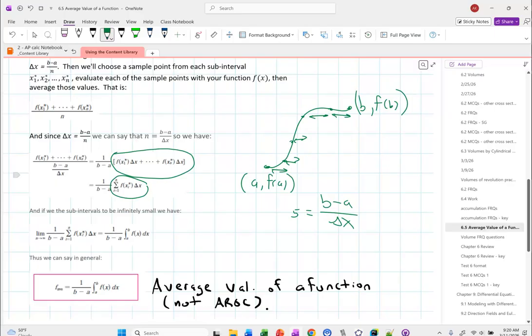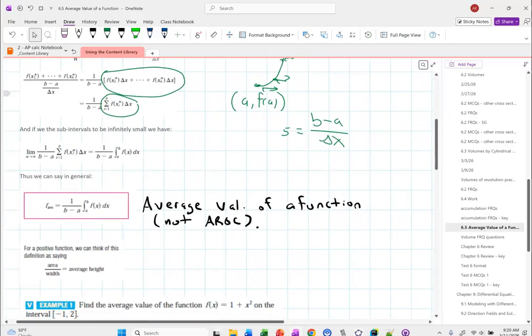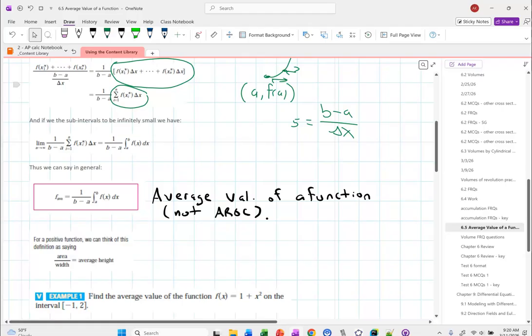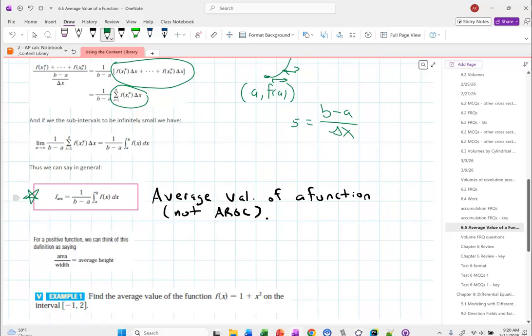That's a Riemann sum that we're talking about there. So at the end, what tumbles out is our average value for a function formula, which is 1 over b minus a, the integral from a to b of f of x dx.